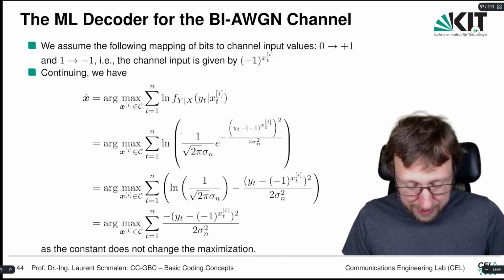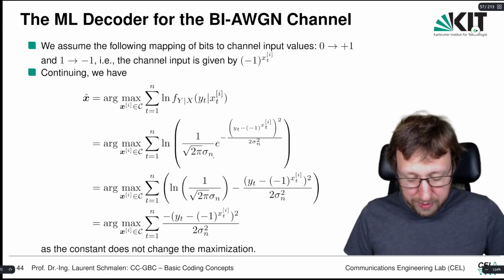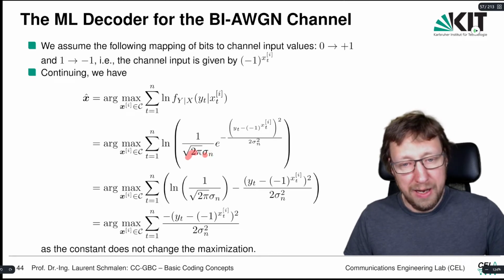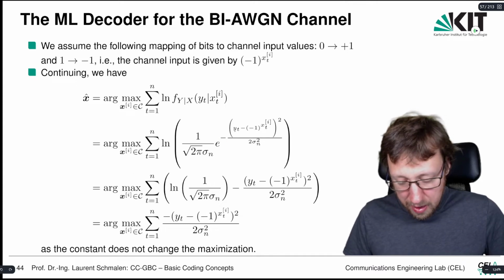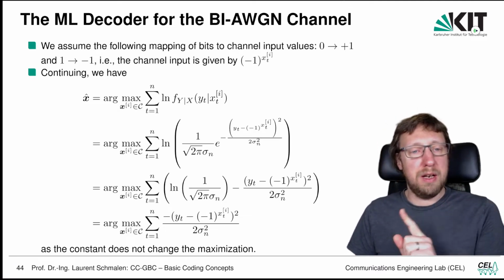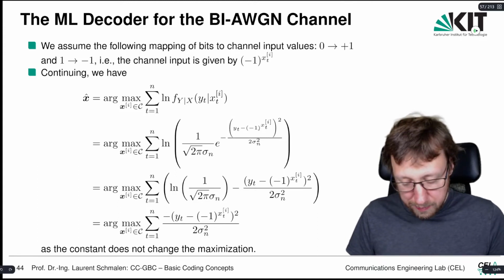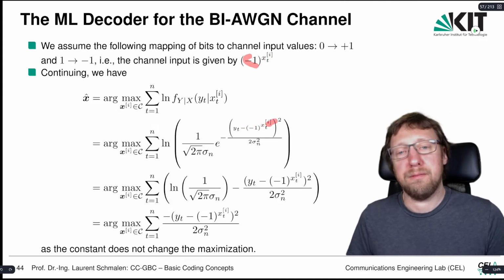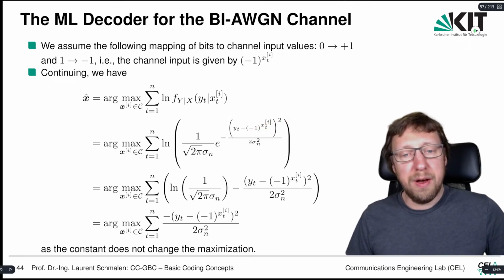So f of y given x is the usual Gaussian distribution. We have noise of variance sigma n squared. So it's 1 over square root of 2 pi sigma n times e to the power minus. Now we have yt, and the transmit symbol, which is the mean of the conditional Gaussian distribution. The transmit symbol is -1 to the power xt because of this mapping. So it's yt minus -1 to the power xt squared divided by 2 sigma n.